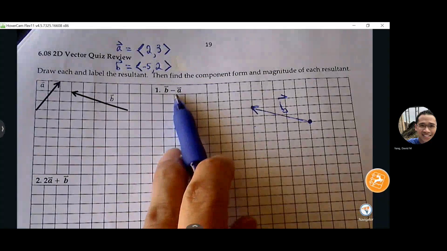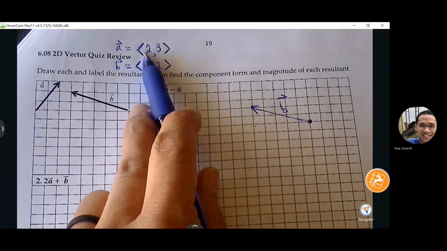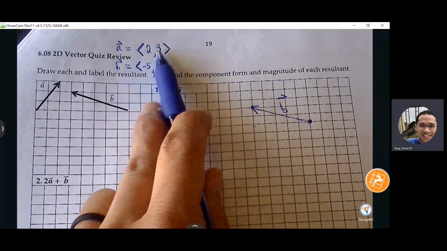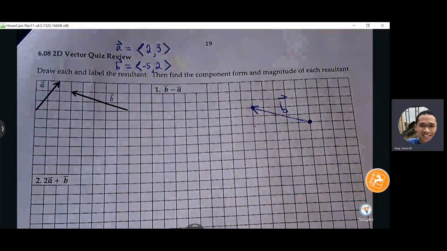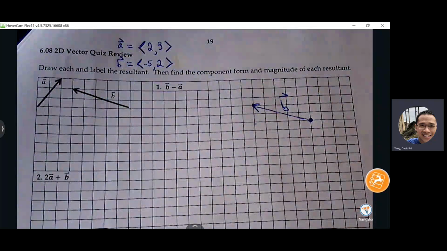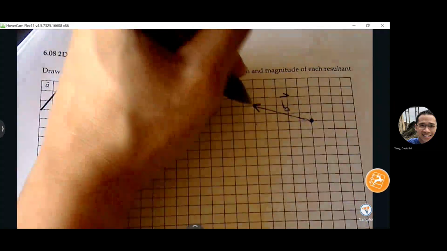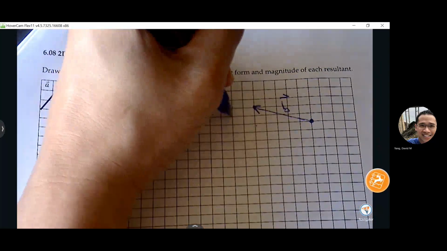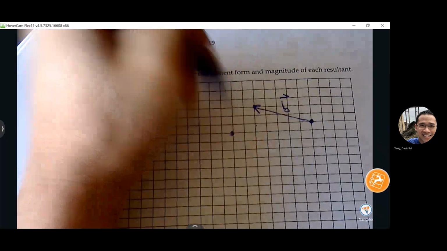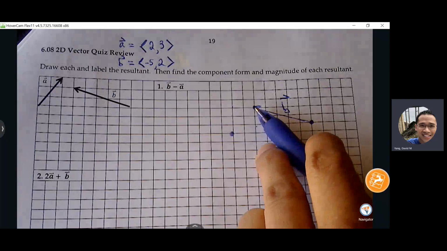Negative A. So instead of right 2 up 3, I'm going to do what? Left 2 down 3. Yeah, so I always like component form. Eventually we're going to be using it so much. It's also nice to see that connection with drawing everything out. So left 2 down 3. And you're going to pick up where you left off. So B left you here.